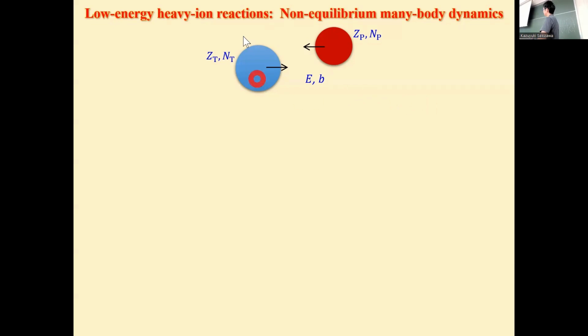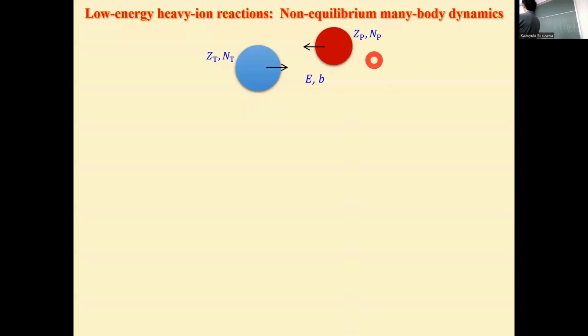This is very important because to study excitations and properties of finite nuclei, to synthesize new elements, or to produce new isotopes, we have to collide two nuclei and induce heavy ion reactions.